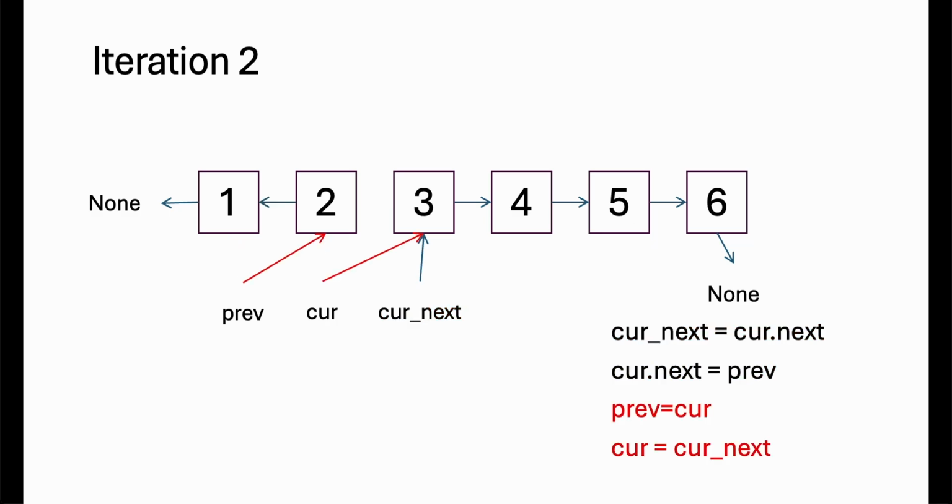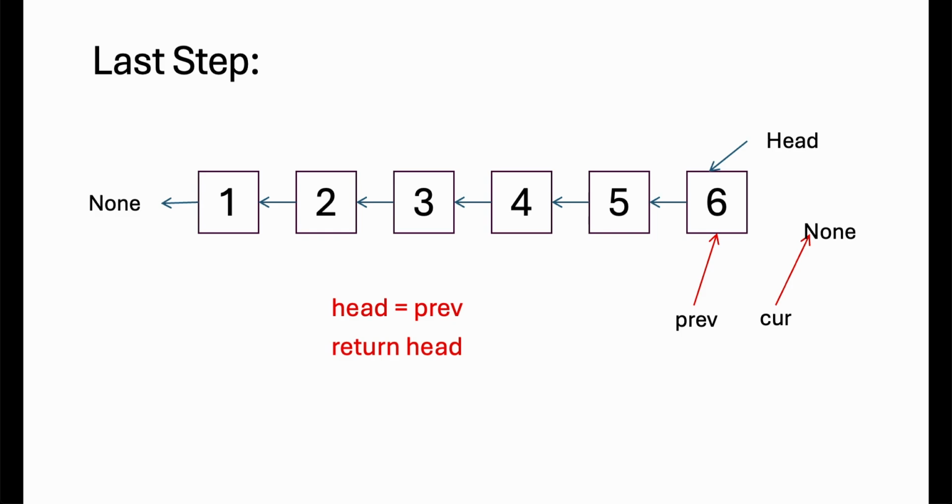In the last iteration, the current pointer points to none, and the previous pointer points to the last element of the old linked list. And because we're reversing the linked list, the last element of the old linked list will just be the first element of the new linked list. So prev is now the new head. We can just set head to be prev and return head, or you can just return prev as the new head.